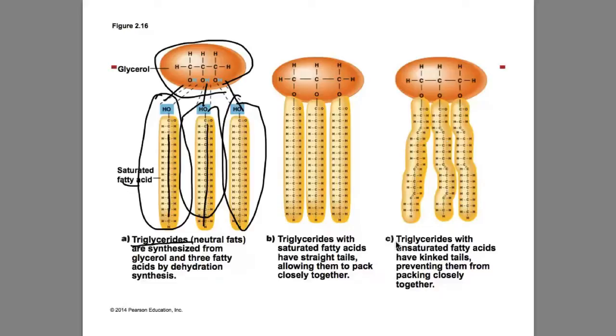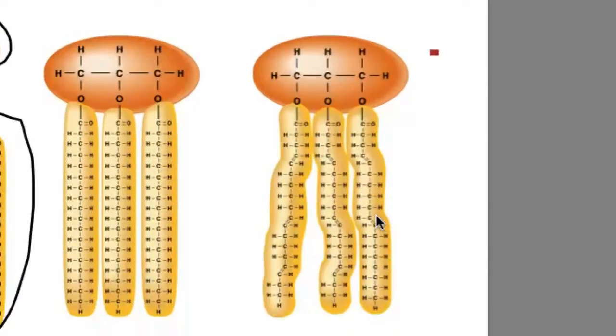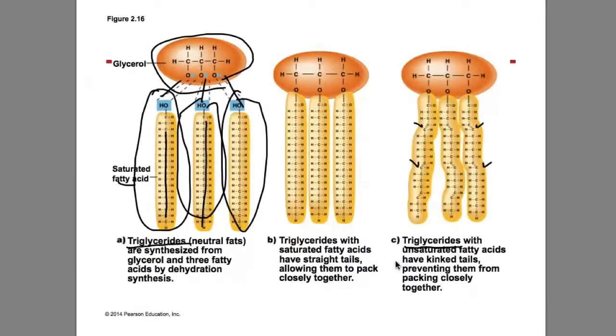On the other hand, if you have a triglyceride that is composed of fatty acids that have double bonds, such as here, here, here, here, etc., this forms kinks in the chains, and you can't pack these as closely together as you can these ones. So these tend to stay in more liquid state.